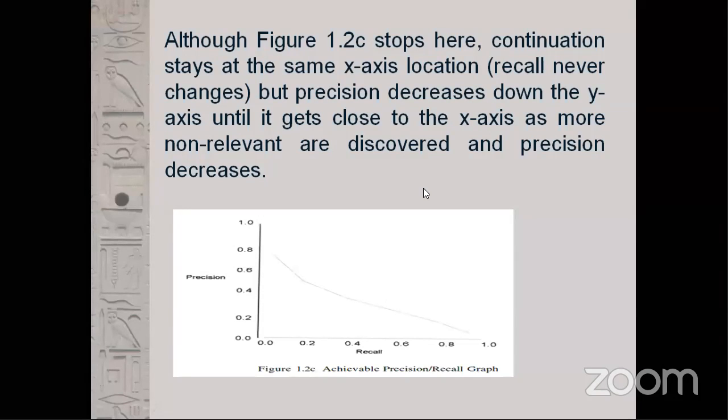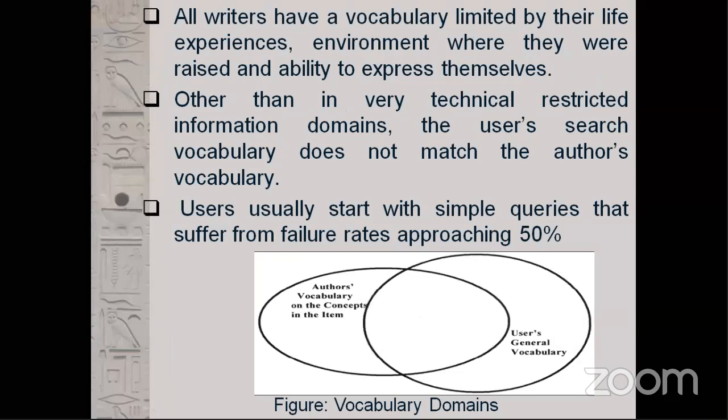The next problem that you face with an information retrieval system is vocabulary. Vocabulary means the terms that are used, either on the user's side or on the author's side. Suppose I am the developer of an information retrieval system, and some person X is the user who wants to search for a particular document in my database.